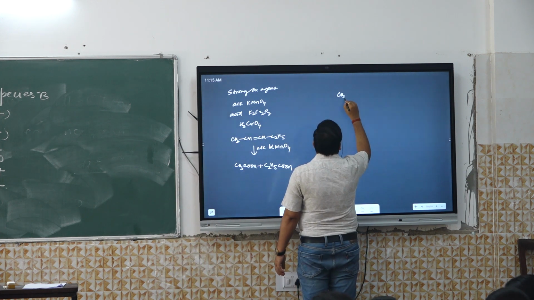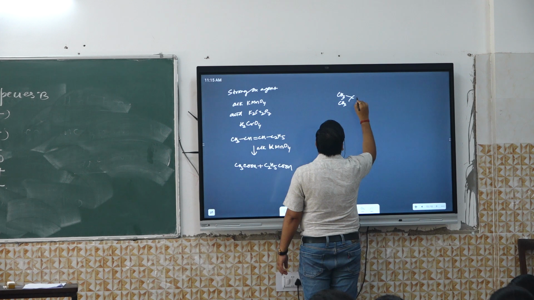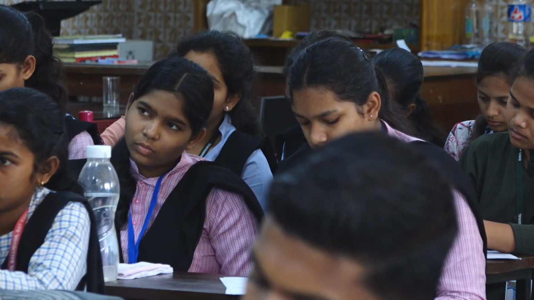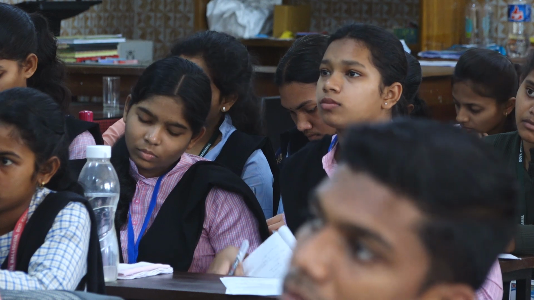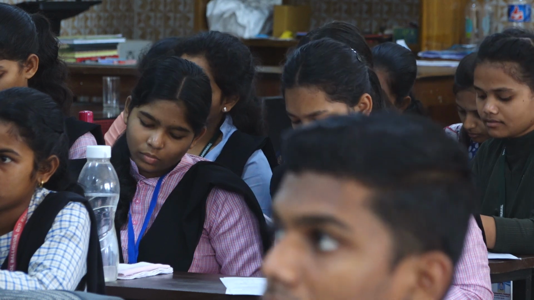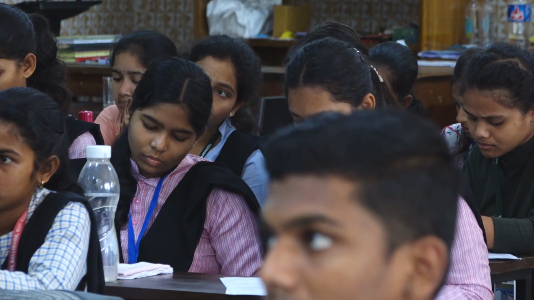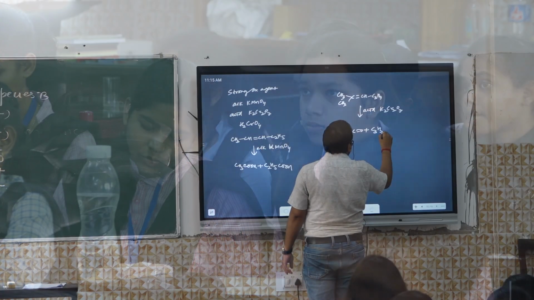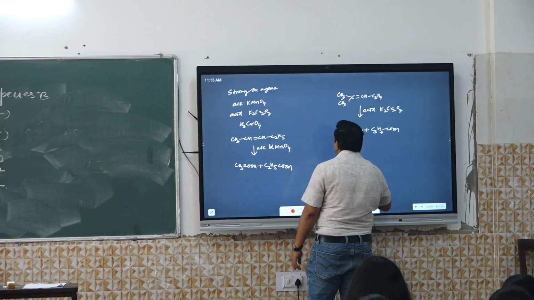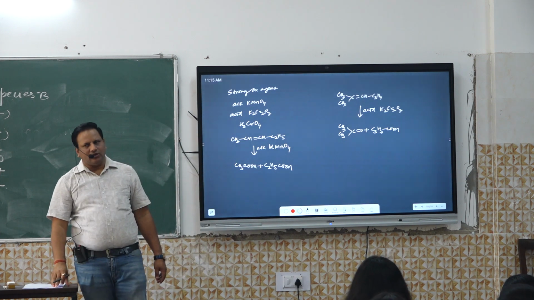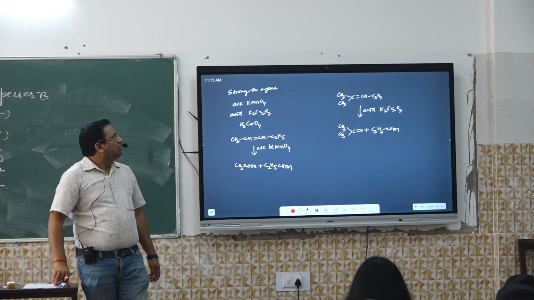If the alkene is, suppose, acidified K2Cr2O7, it will give a ketone, because after formation of ketone it cannot undergo further oxidation. So that one is clear.